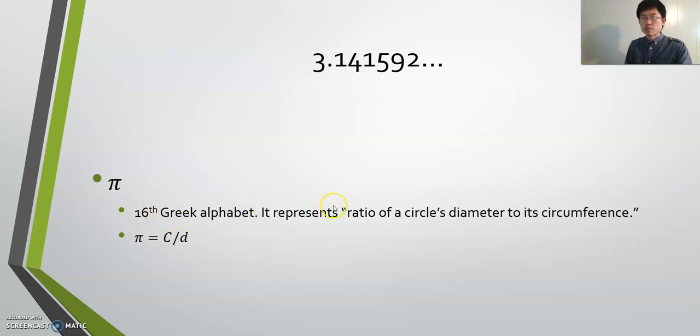Now in math, it represents the ratio of a circle's circumference to its diameter, and it's 3.141592 and so on. It does not end. This ratio can be written like this: pi equals c over d. C is the circumference, d is the diameter.